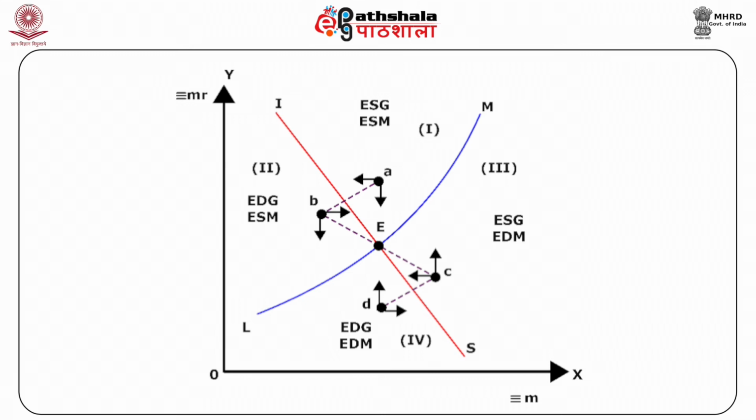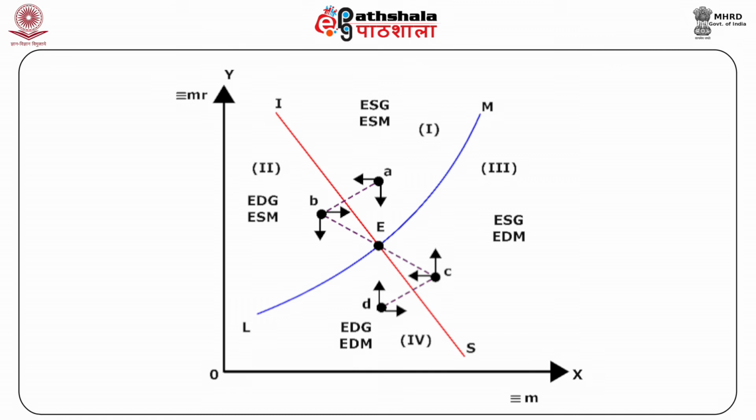The arrow is horizontal. If we consider the money market, then the arrows would be going downwards or upwards, because the point of disequilibrium would either be above the LM function or it would be below the LM function.